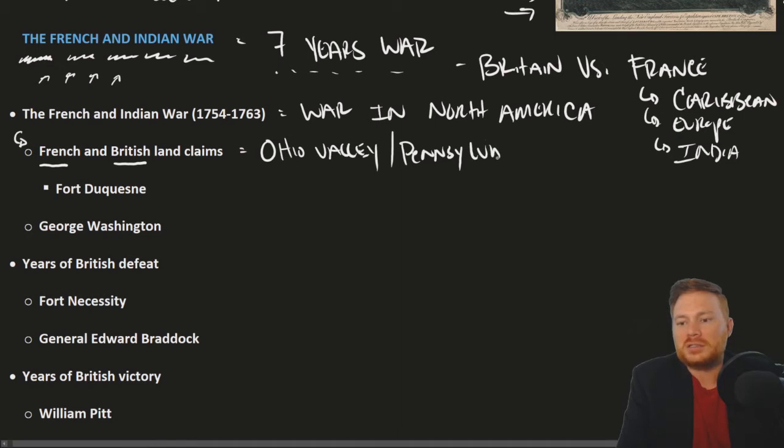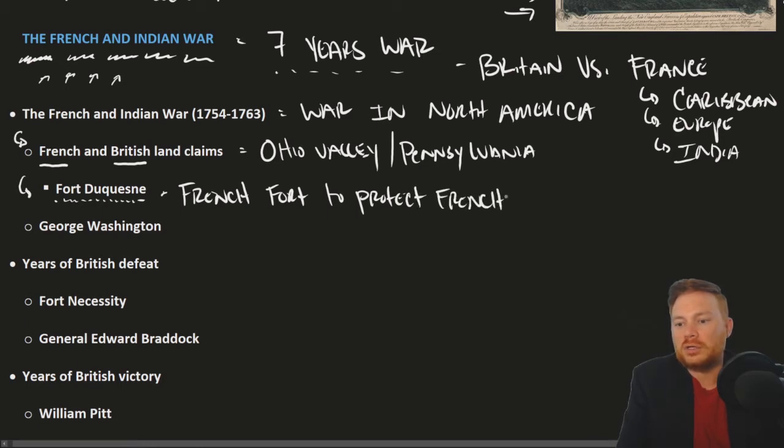In fact, this was where modern day Pittsburgh is located in Pennsylvania. The French built Fort Duquesne to protect their land claims from the British. So Fort Duquesne, a French fort to protect French land in the Ohio Valley. So they were the first to act.